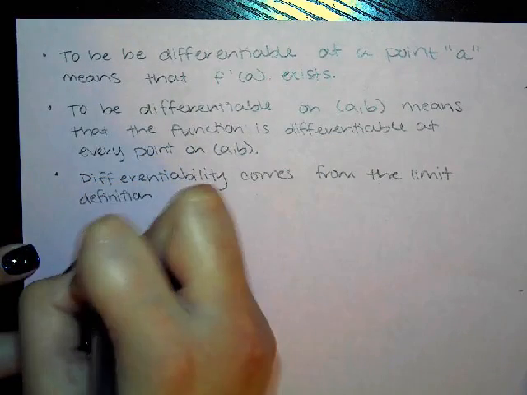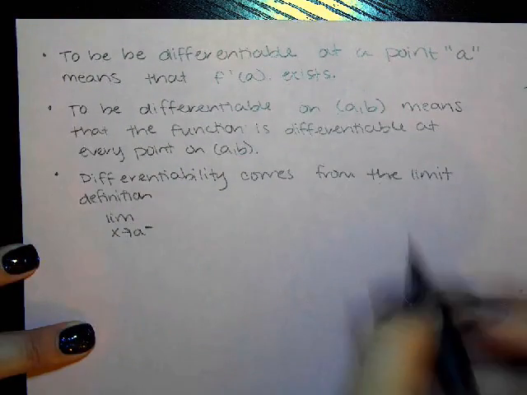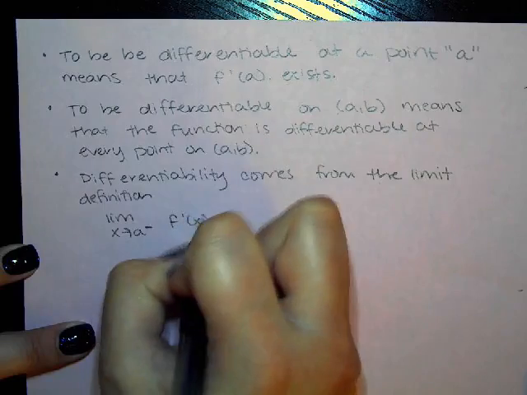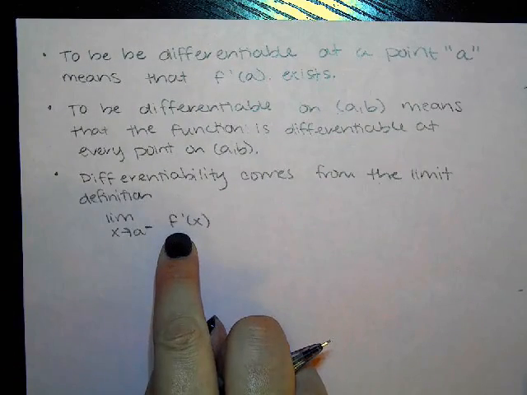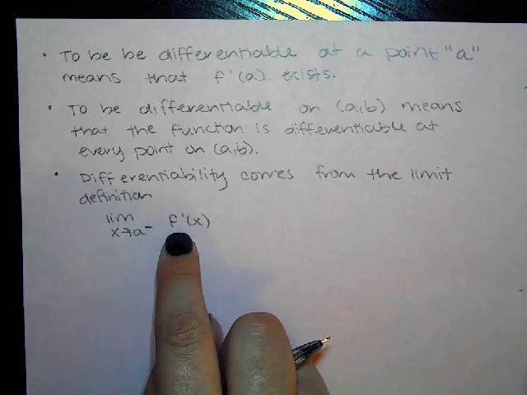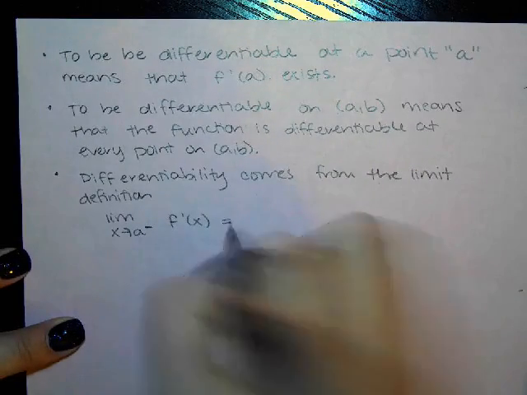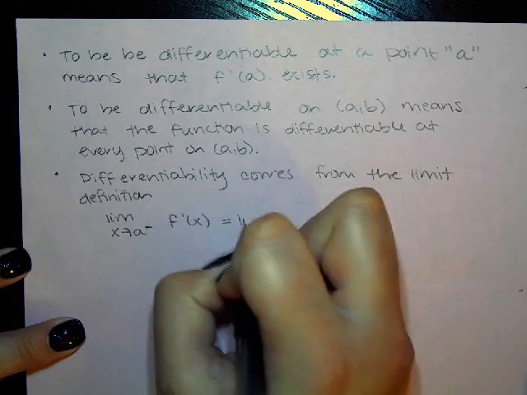which means that the limit as x approaches a from the left. So remember, in unit 1, when we were finding limits of functions, those were y coordinates. This unit we're finding limits of slopes, so we're no longer saying that our outcome is a y coordinate, our outcome this time is a slope. So the left-hand slope has to equal the right-hand slope.